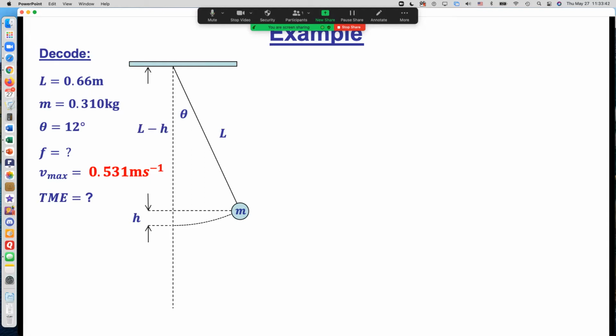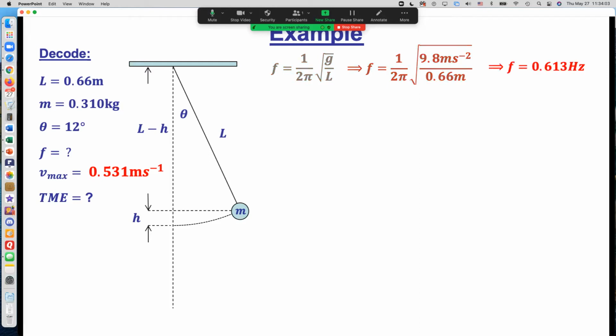That is the length of the pendulum cord, L, minus h. Notice how we've got a nice right triangle there? Okay, so frequency is 1/2π root g over L. We can put our numbers in immediately and we get 0.613 hertz.